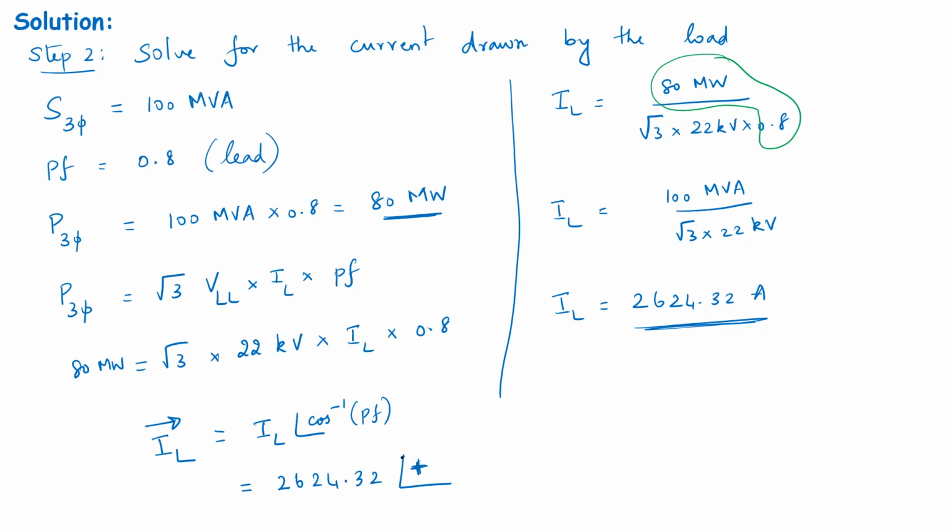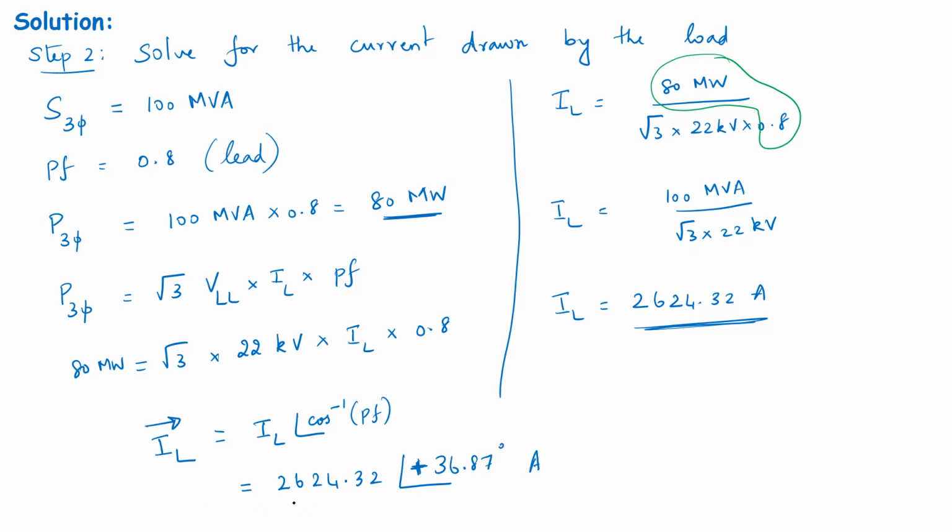If current is leading the voltage, the angle will be a positive quantity, and that is what we are taking. So cos inverse of 0.8 is 36.87 degrees.